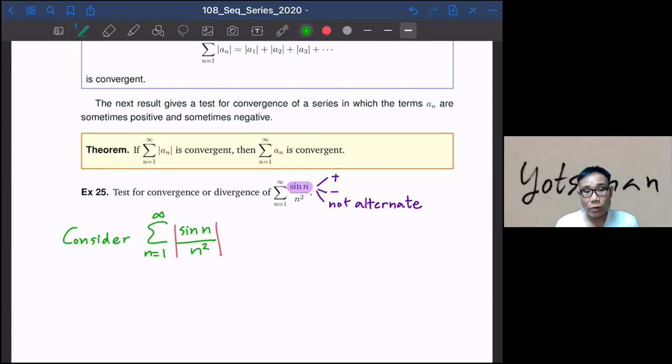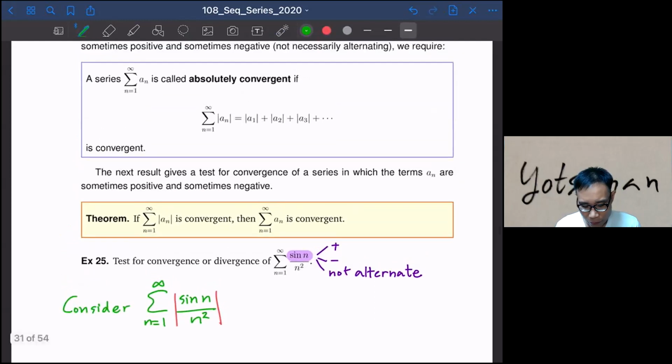The theorem says that a series is called absolutely convergent. This is another vocabulary. Absolutely convergent means that the series with absolute value put on each term turns out to be convergent. So absolutely convergent means the series of the absolute value of an is a convergent series.